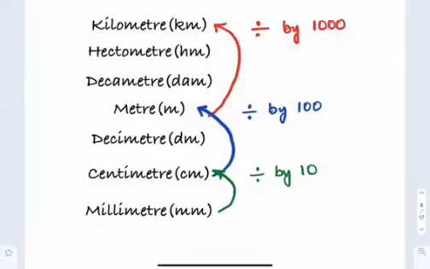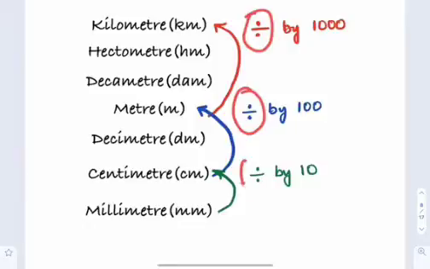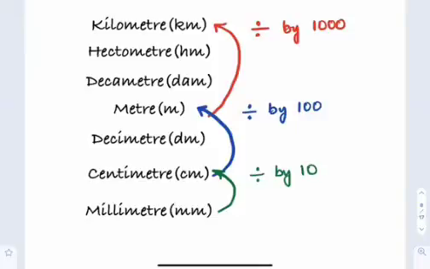Now here also, if you observe, from smaller units to greater units of length, when I have to convert, then I divide. I use the division symbol, or I divide with the corresponding place values. I hope all of you have understood.